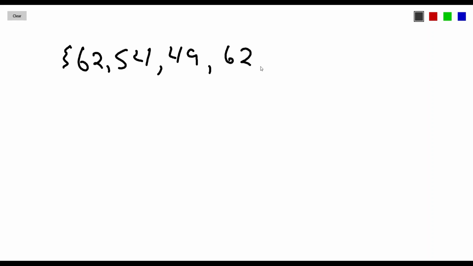So we're going to go ahead and get something that's not 5 terms now: 62, 54, 49, 62, 48, 53, and 50.